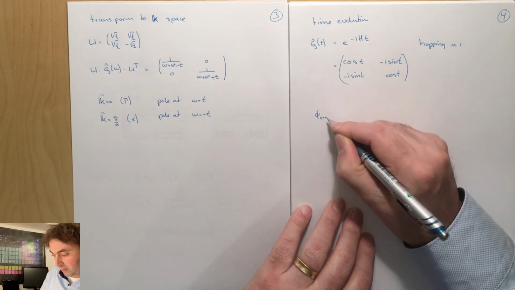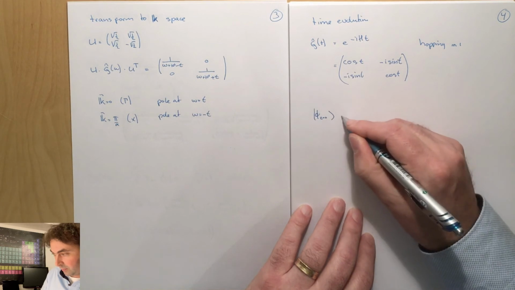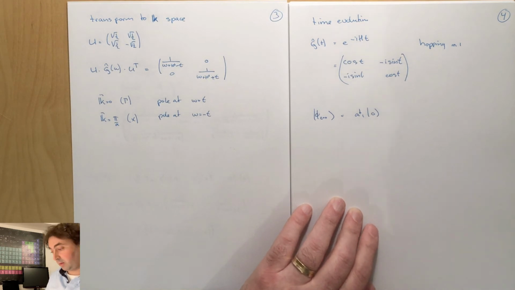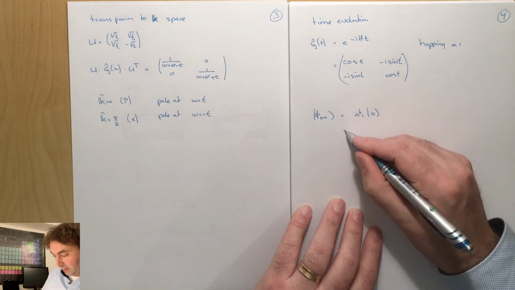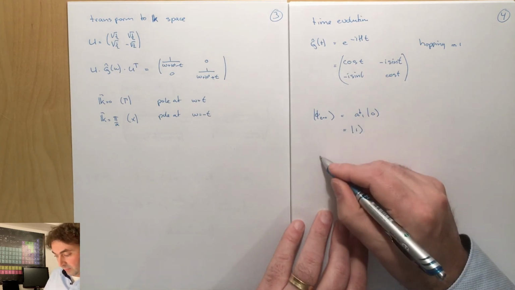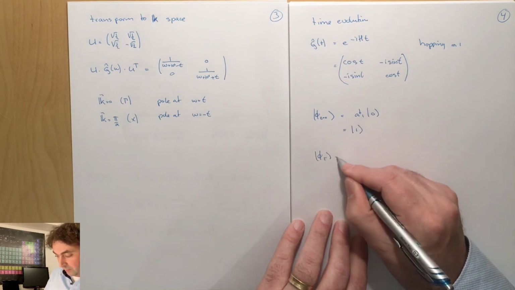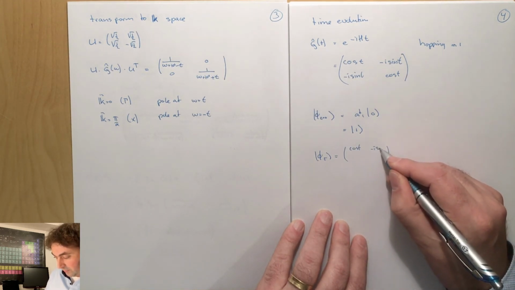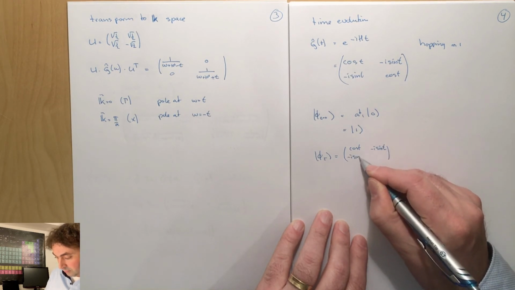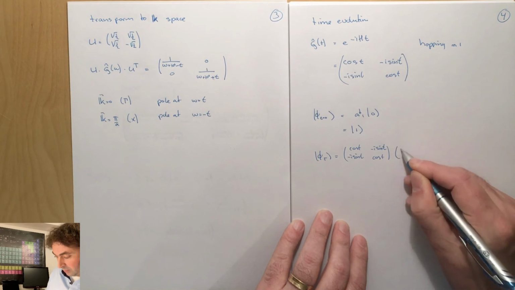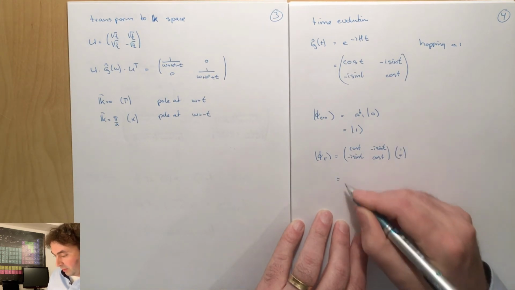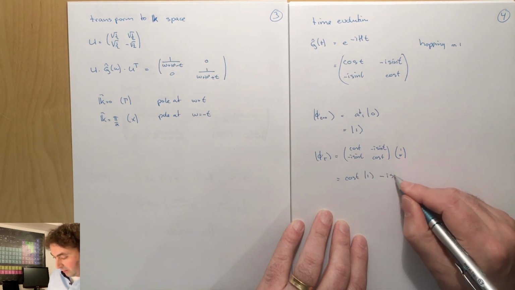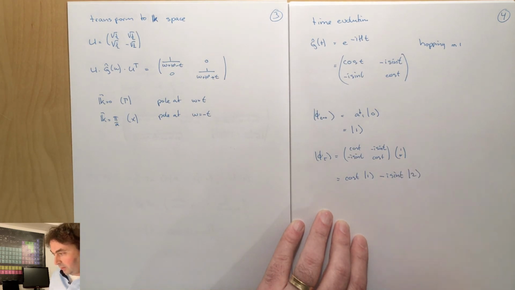So if my wave function at time equals 0 is a dagger times (1, 0), which is creating the particle in the first state, state 1, then psi(t) is nothing else than your Green's function times our vector, which is cosine t times state 1 minus i sine t times state 2.